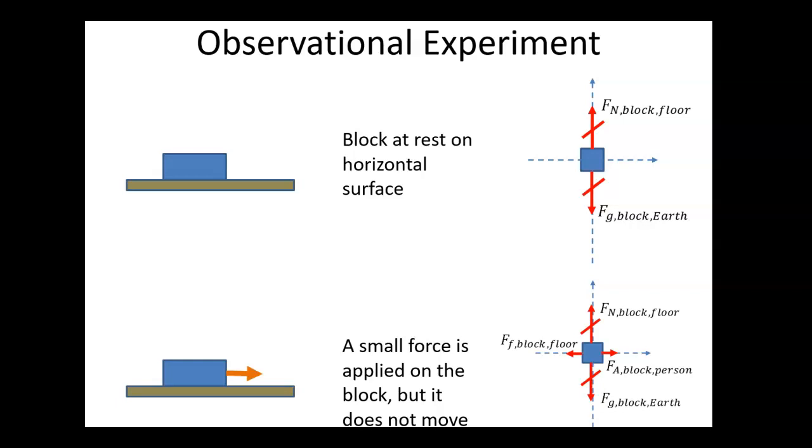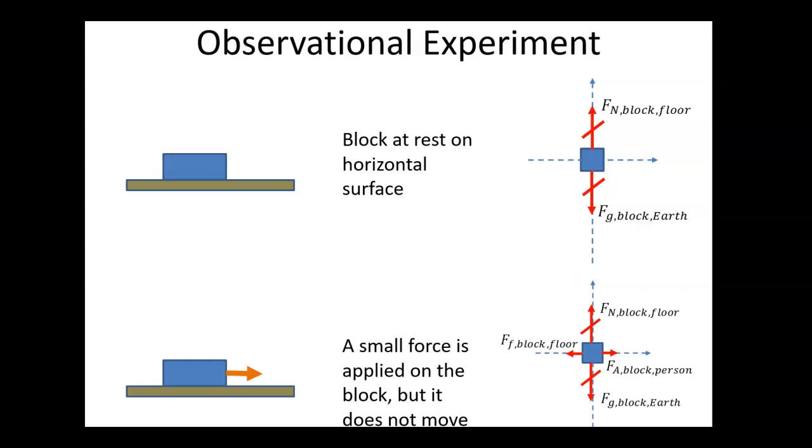What if we applied a small force trying to pull the block to the right? Initially this force is very small and the block does not move. Since it does not move, the net force again is 0, by Newton's first law. So we still have the same normal and gravitational forces, but now there's an applied force on the block. Someone is pulling the block to the right. Something has to be balancing that applied force.